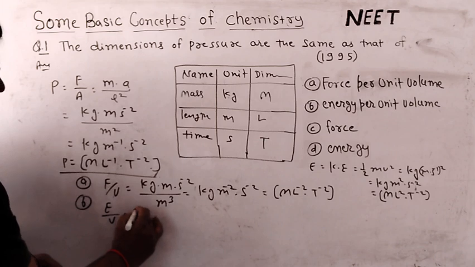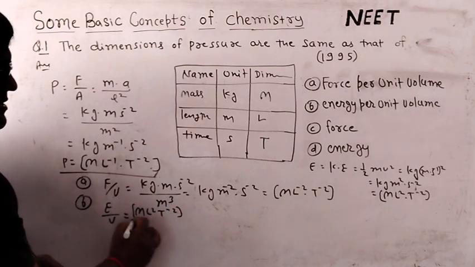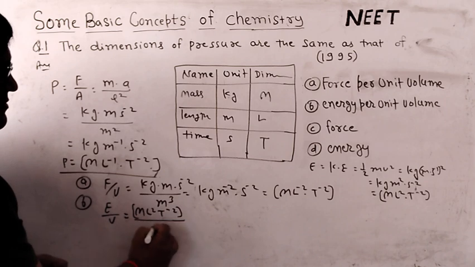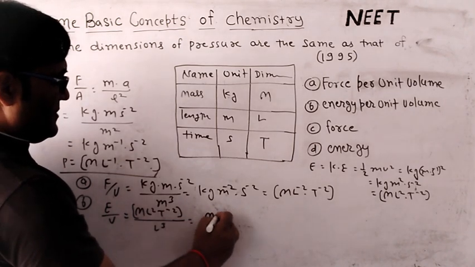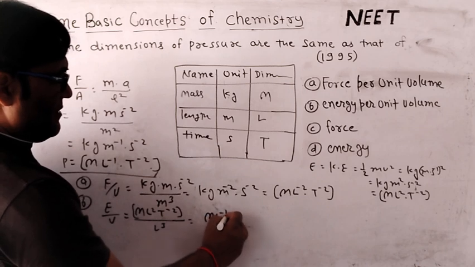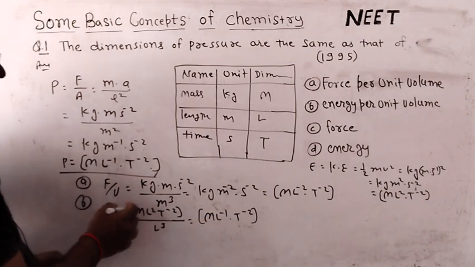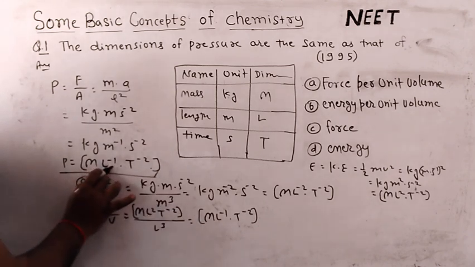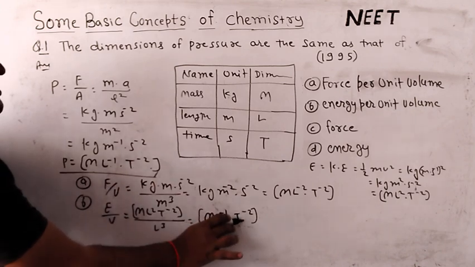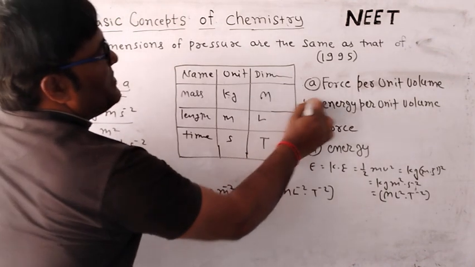So M L square T inverse square by, in case of volume, L cube. Now after calculation, M L inverse T inverse square in terms of dimension. So we can match the dimension of option B, energy per unit volume, with pressure M L inverse T to the power minus 2. So option B matches, option B is correct.